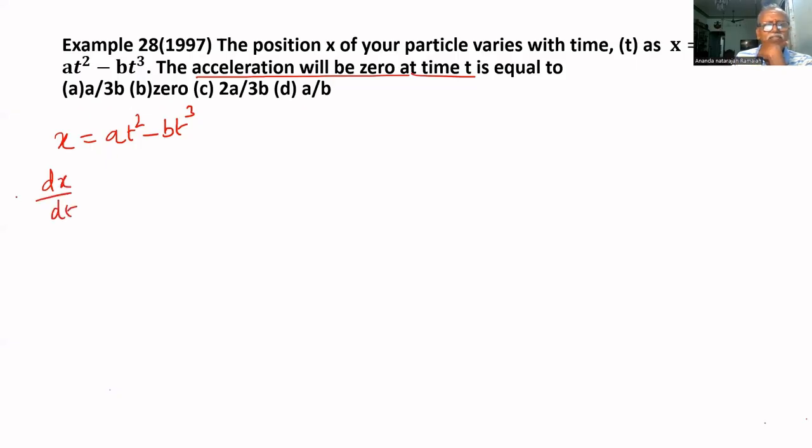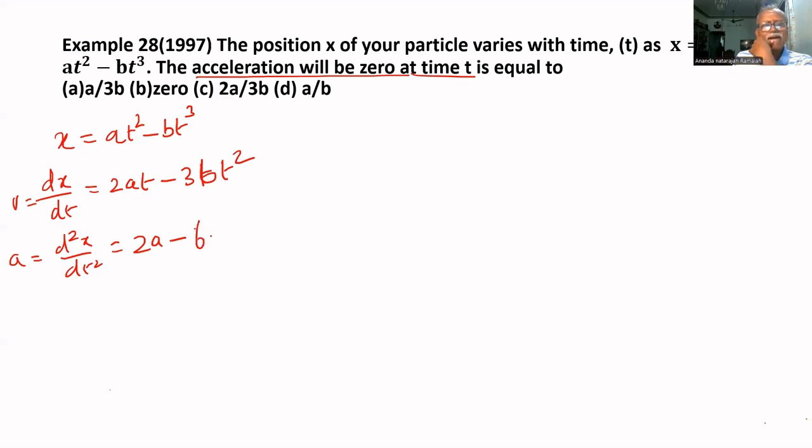dx by dt, that is velocity, equals 2at minus 3b t square. So acceleration equals d square x by dt square equals 2a minus 6bt. This is equal to 0. Acceleration equals 0, so we equate this to 0.